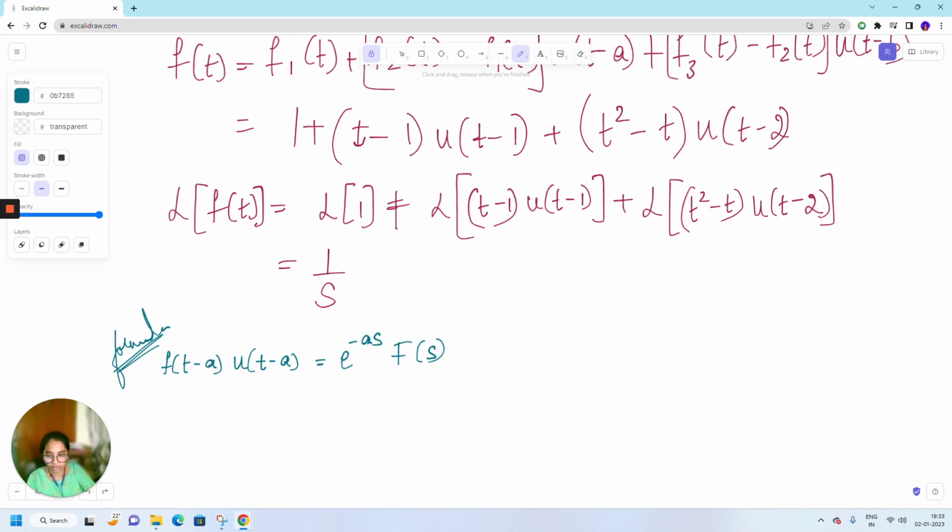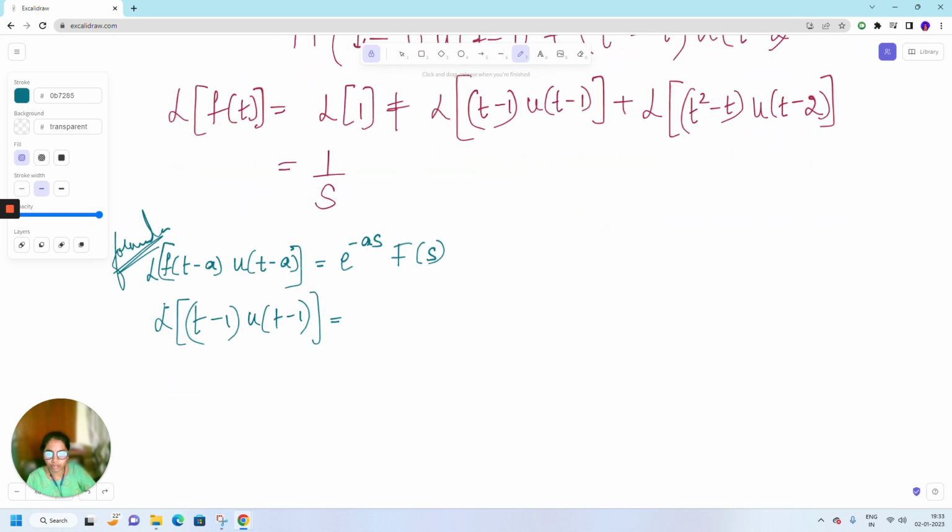Now what do we have here? We have Laplace of t minus 1 into u of t minus 1. This is equal to, what do we have in place of a? In place of a, I have 1. So I'll write it as e power minus s, and I would have to find f of s.